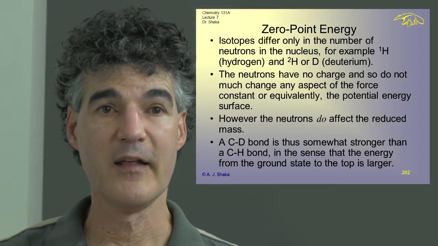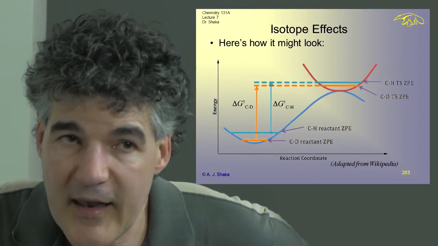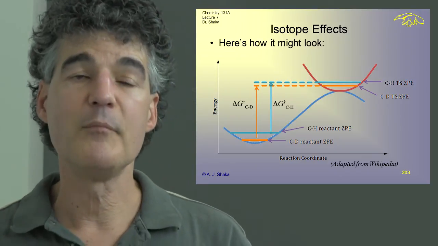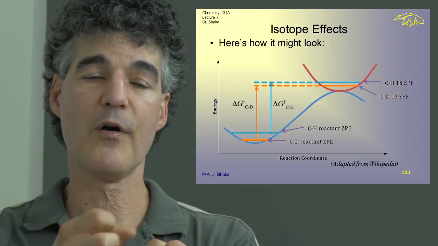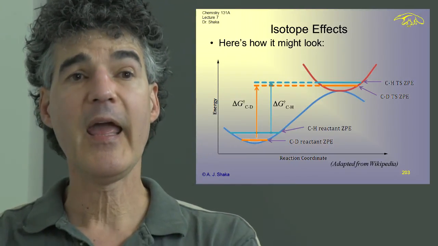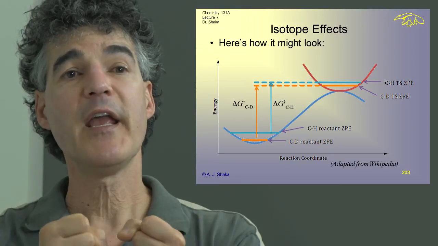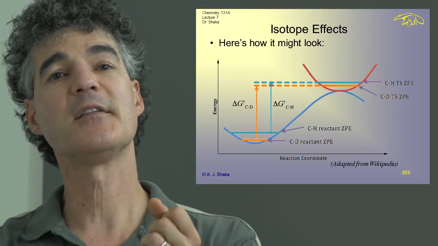And then we'll close with this. Here's how it might look. On the left, we have a molecule that could either have a hydrogen or a deuterium, and let's say it's carbon. And then in the chemical reaction, this bond breaks, and as it's breaking, the force constant gets less.